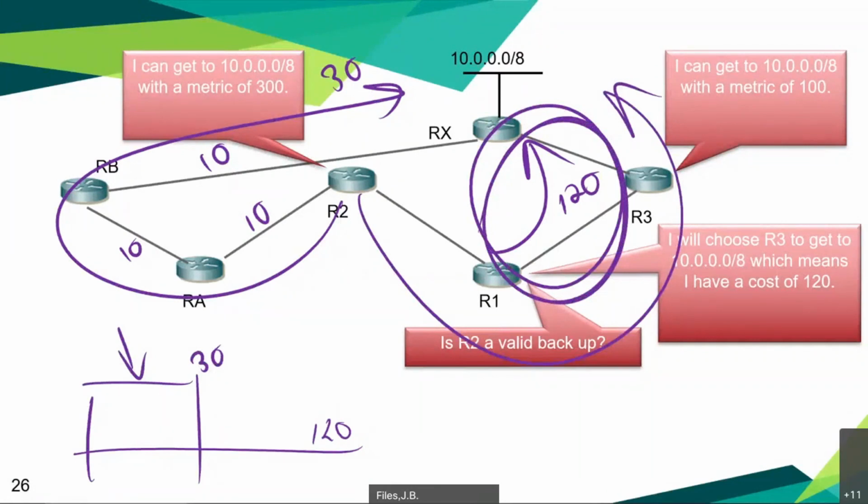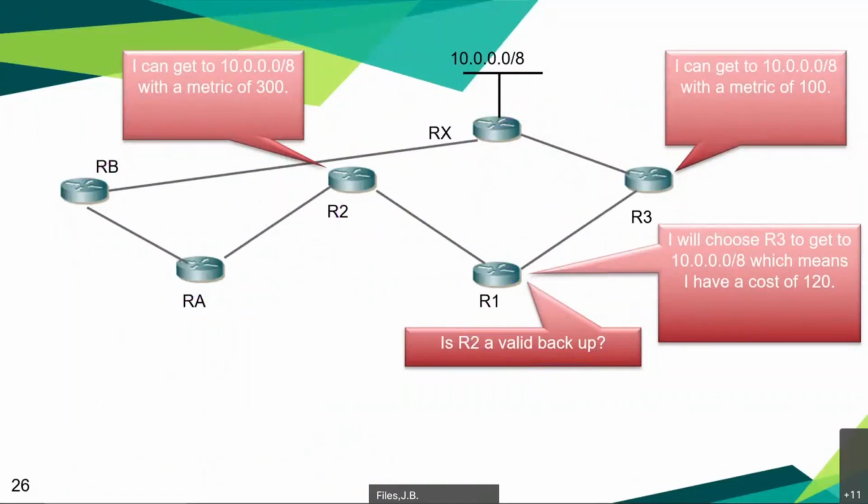So remember, the reported distance needs to be less than our feasible distance in order for it to be a valid backup route. Because then we know we can be guaranteed it's not a loop. Okay? And that's the feasibility condition.